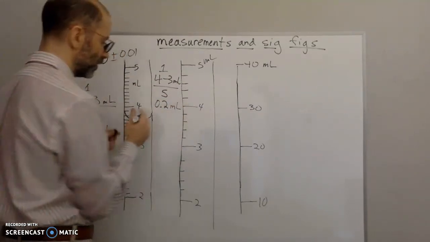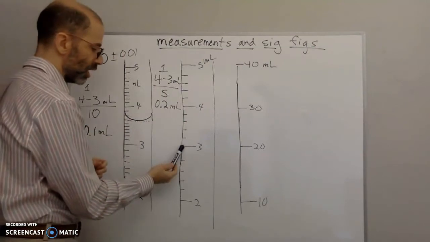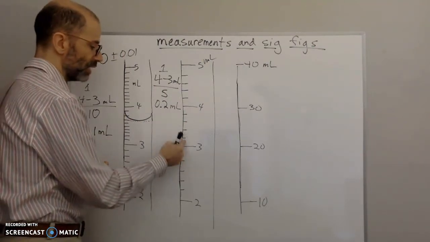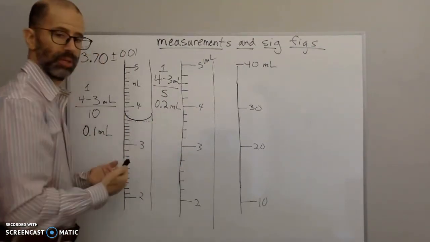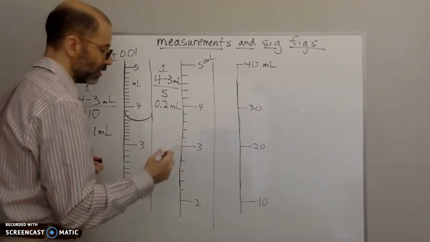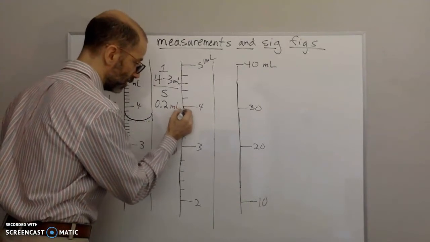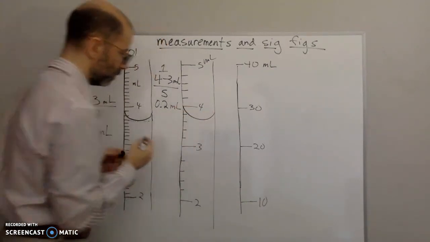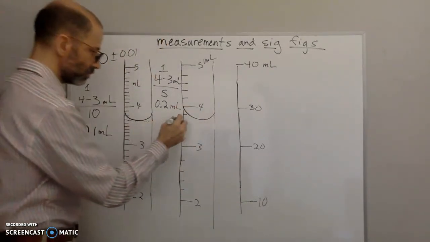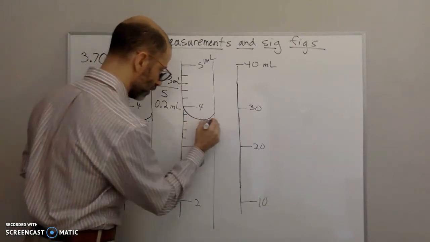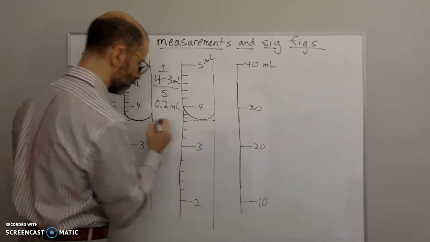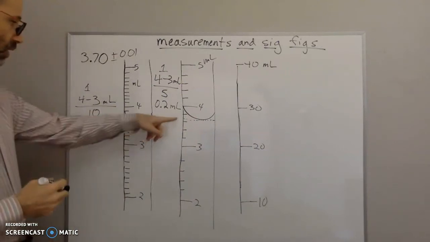milliliters. So each line is now 0.2 milliliters. Okay. So again, if our meniscus is like that, you'll see that it is in between these two.